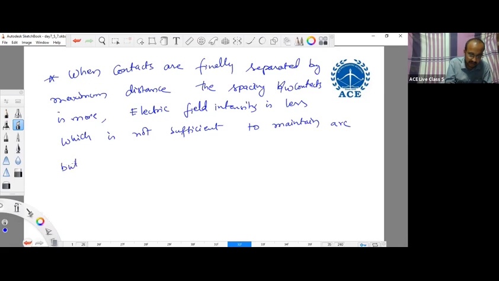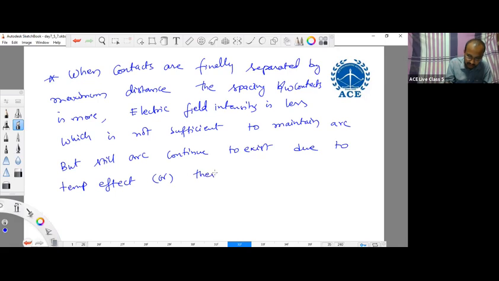But still, the arc continues to exist due to temperature effect or thermal ionization.